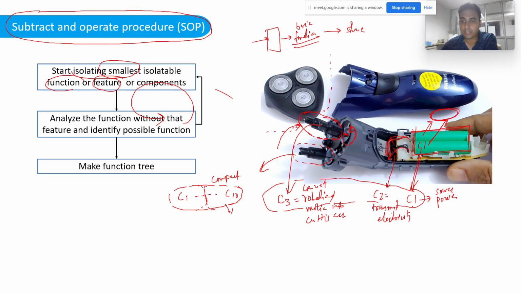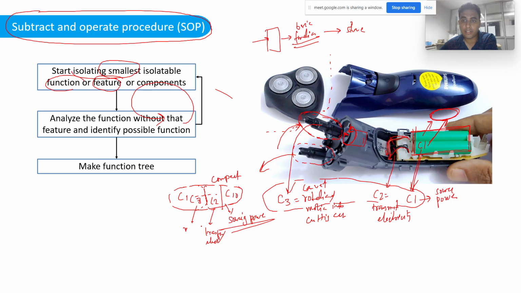For example, C1 is a battery, so it is sourcing power. C2 is basically transferring electricity. Then probably there is some sort of motor here which is hidden, so C8 probably is a motor.